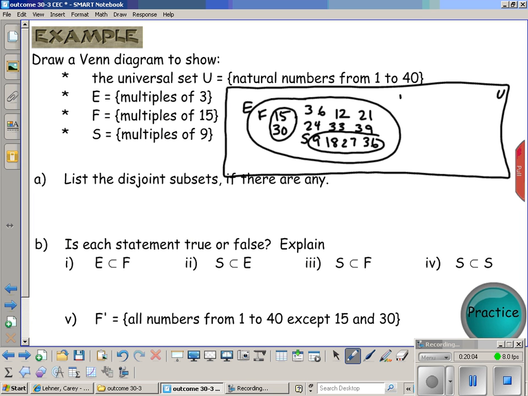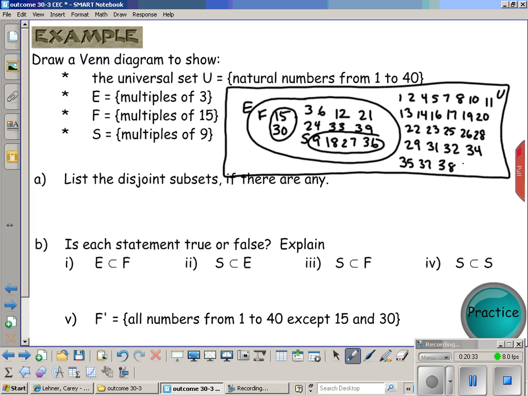So all of the numbers that we missed are 1, 2, 4, 5, 7, 8, 10, 11, 13, 14, 16, 17, 19, 20, 22, 23, 25, 26, 28, 29, 31, 32, 34, 35, 37, 38, and 40. So those ones all get left outside of our sets that we defined.